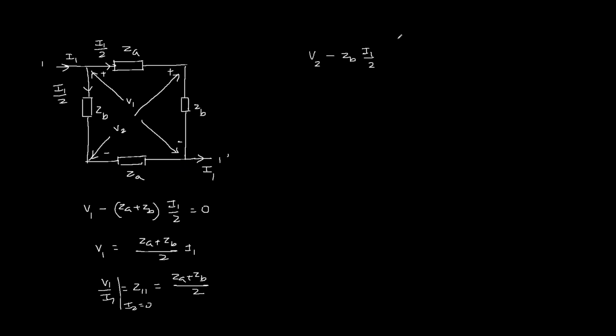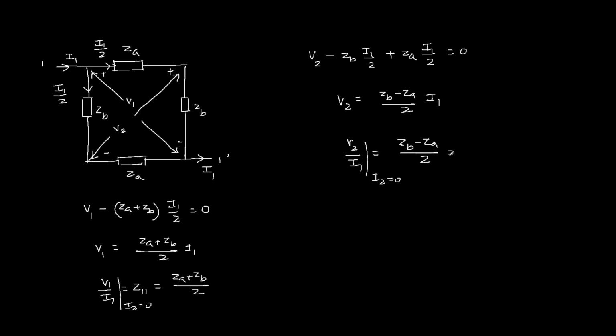So the rise in voltage across ZA is ZA I1 by 2. So this equation is V2 equal to (ZB minus ZA) by 2 into I1, or V2 by I1 when I2 is 0 is simply (ZB minus ZA) by 2, which is equal to Z21.